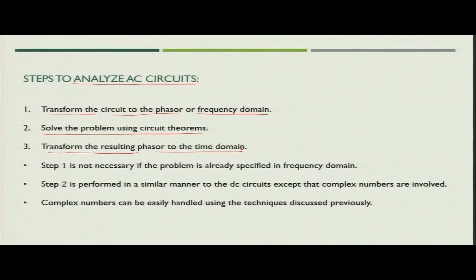Now, step 1 is not necessary if the problem is already specified in frequency domain. If you already have the problem given in phasor or frequency domain, we can straight away start from the second step.